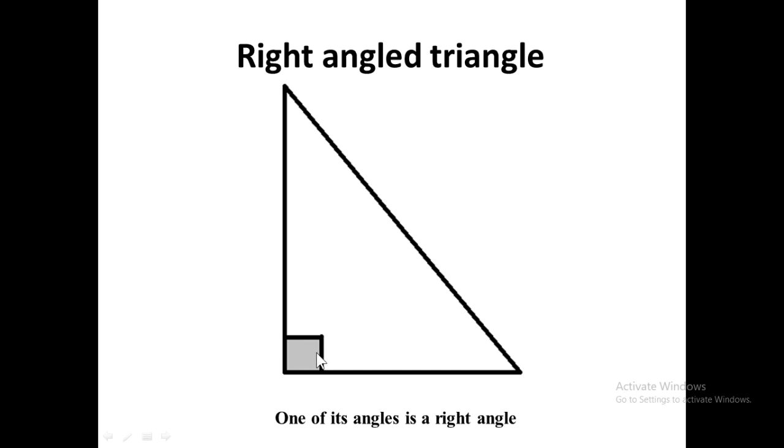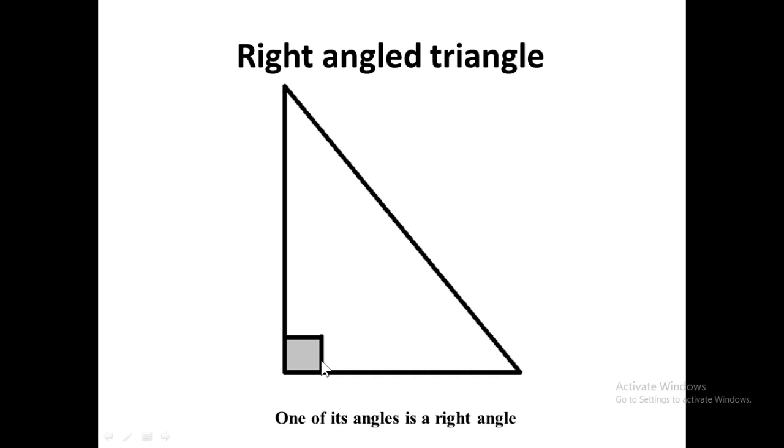If you have gone through the different types of angles, acute, right, obtuse and reflex, this shape you are seeing on the screen is called a right angle. This line and this line form a right angle. Because we have a right angle in the triangle, that triangle is called a right angle triangle.